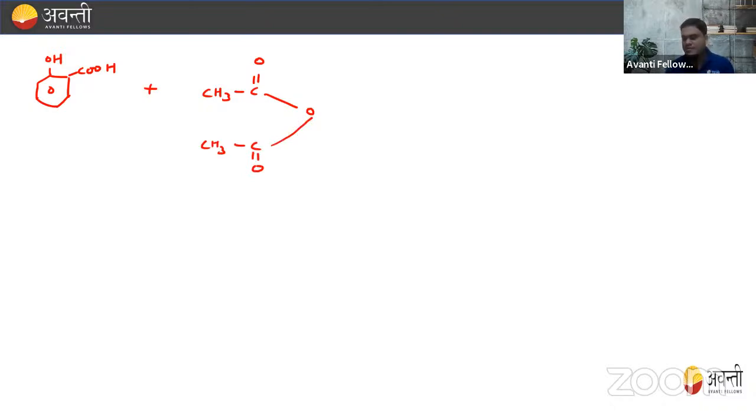So how will aspirin be formed? What is the structure of aspirin? When we treat salicylic acid with anhydride, what do we get? We will get COOH and this is OCOCH3, and the byproduct, very important, is CH3COOH.